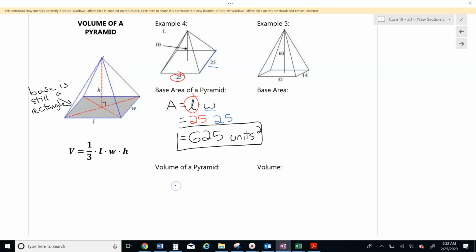Now for our volume formula, the volume of a pyramid is very similar to volume of a prism. It just has this 1/3 there. Okay, so that's the biggest part that changes. So we need to make sure we have that 1/3.